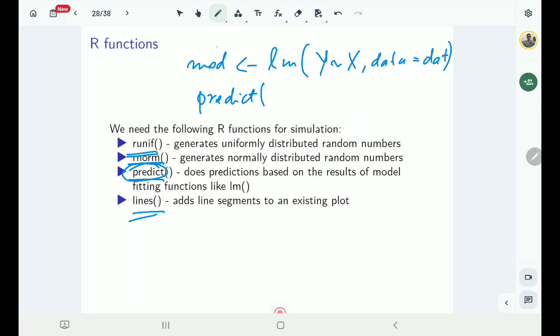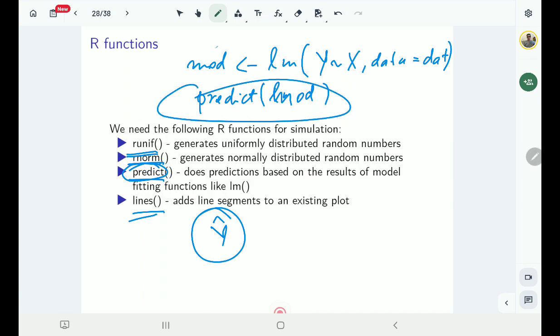Predict mod is going to give you the estimate y hat for the line, the predictions on the line. The values on the line are going to be obtained by using this predict function.